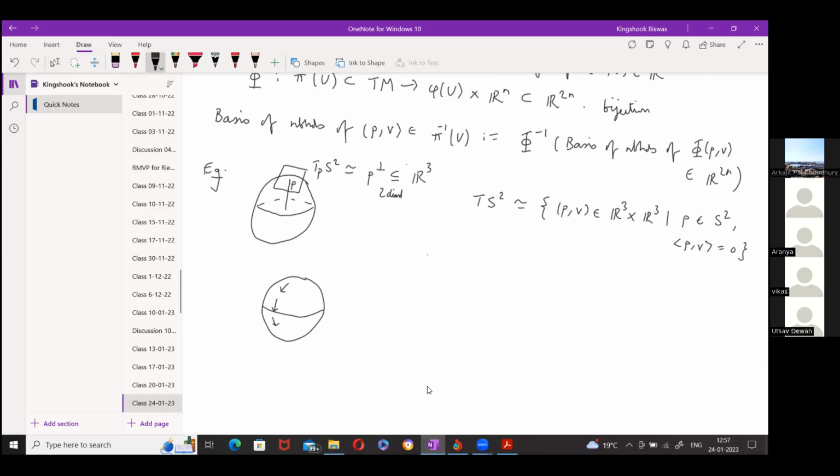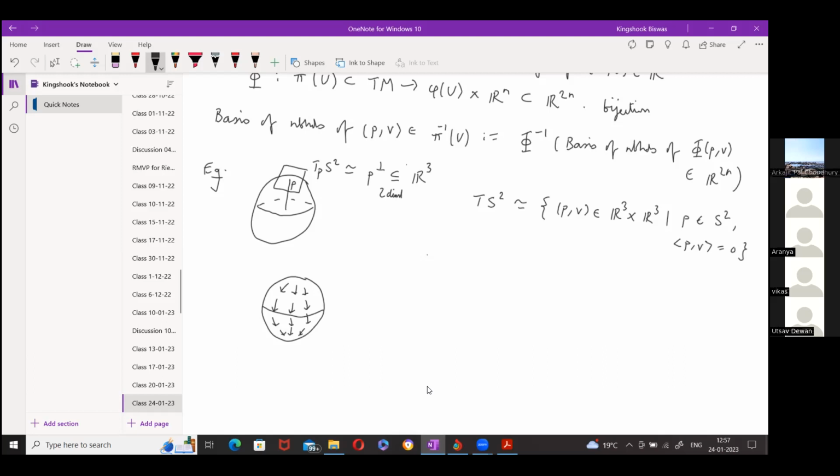We talked about vector fields in Rn. There, at each point in Rn, you had a vector in Rn. Now at each point in the manifold, you have a vector in the tangent space at that point, right? So for example, you could have a vector field like this.